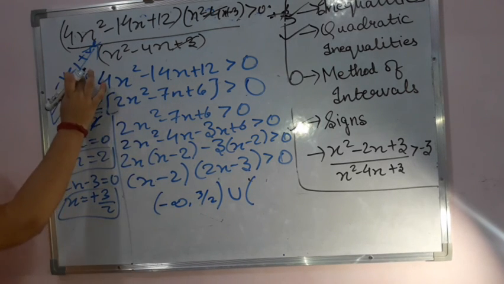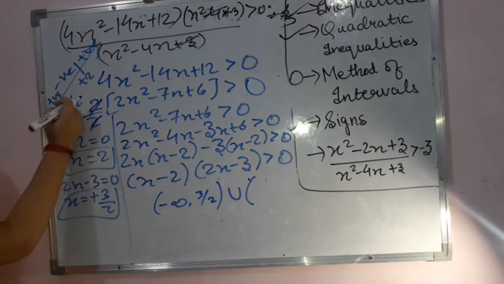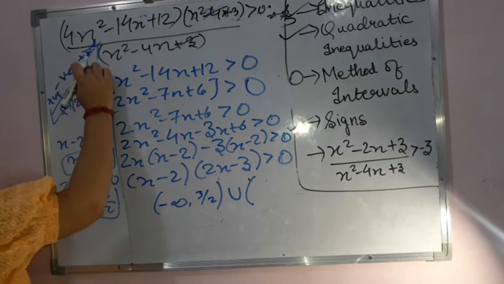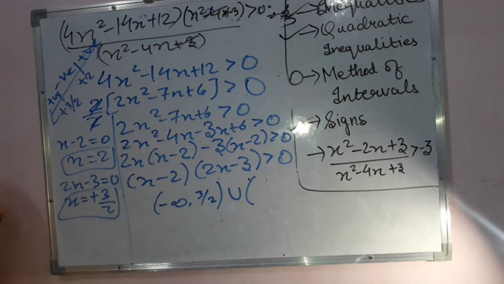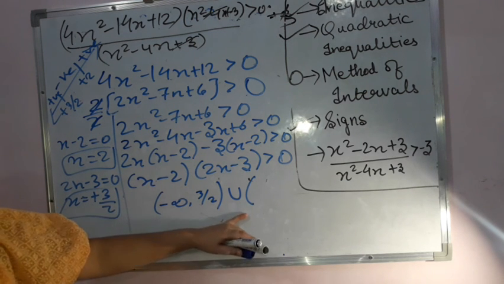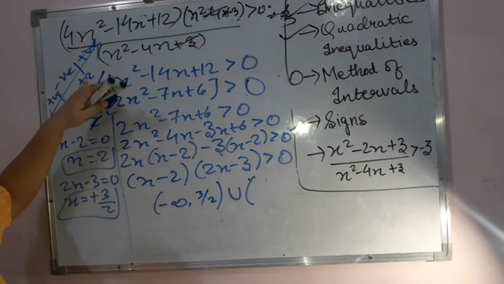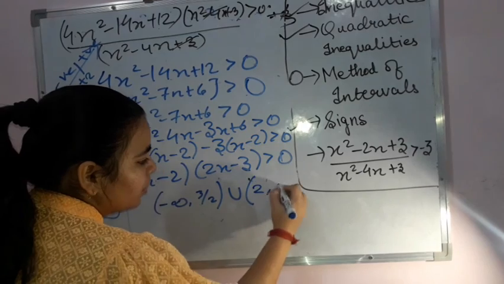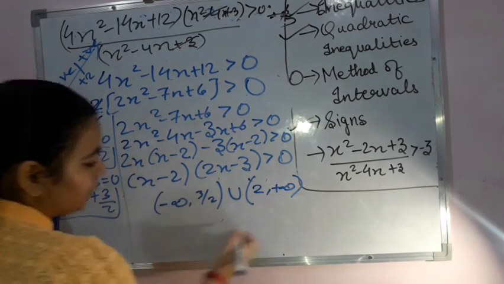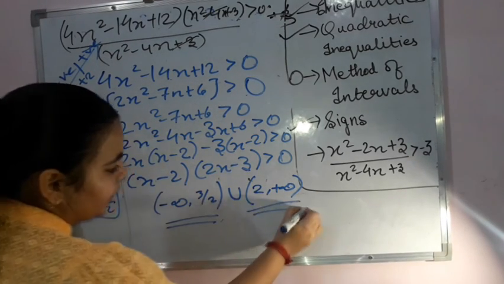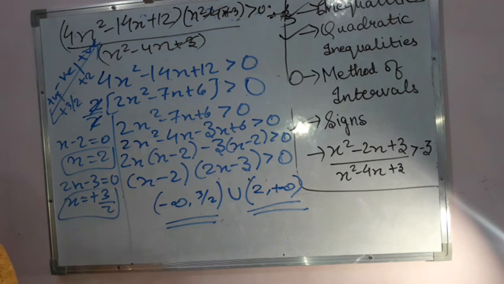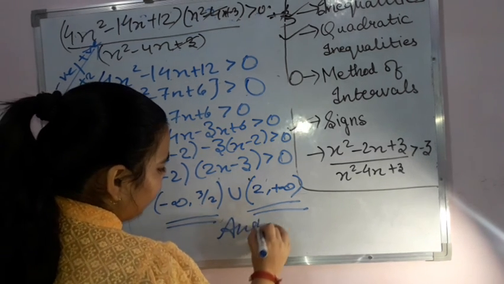The middle part has minus, while this part and that part have plus, so both are going to be a part of my solution. I write the union sign: minus infinity to 3 by 2, and then from 2 to plus infinity. Both these end points are not included. This is how I get my answer.